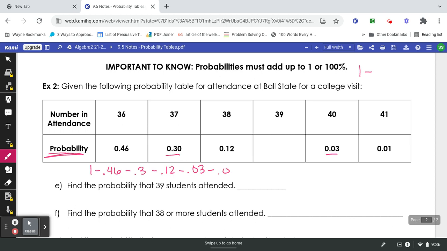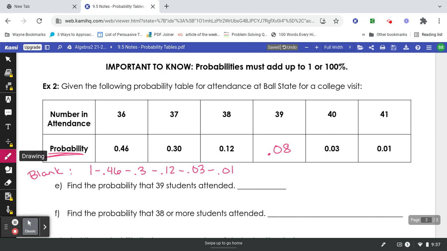And then minus 0.01. So in order to fill in the blank, we're going to have to do 1 minus all of the probabilities that we know. And so then we just type it into our calculator. Should get us an answer of 0.08. And you can always double check your work, add up all the probabilities again, make sure they give you 1.